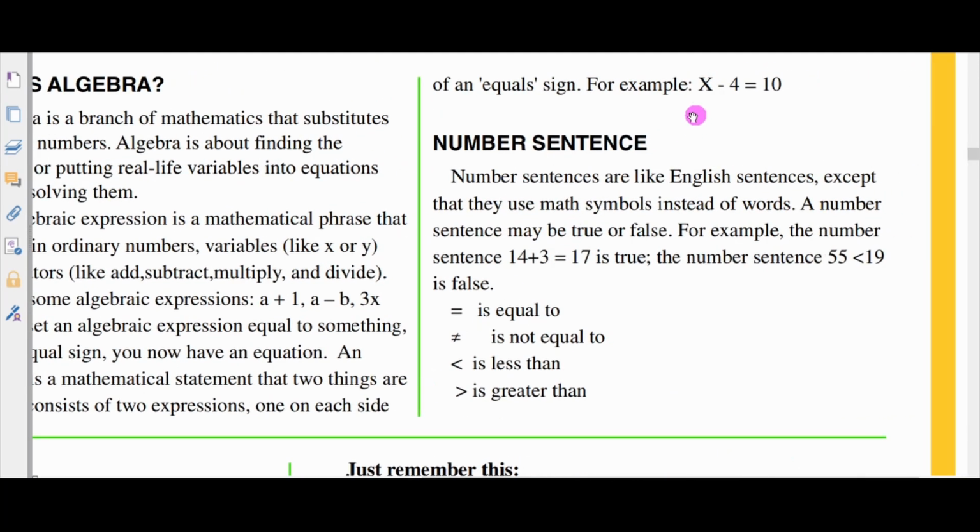For example, x minus 4 is equal to 10. So we have some number, but we don't know what that number is, and when we take away 4, we are going to get 10. Just off the top of our head, we know that the answer for this would be 14, right? Because if we have 14 and then we take off 4, then we will get 10.